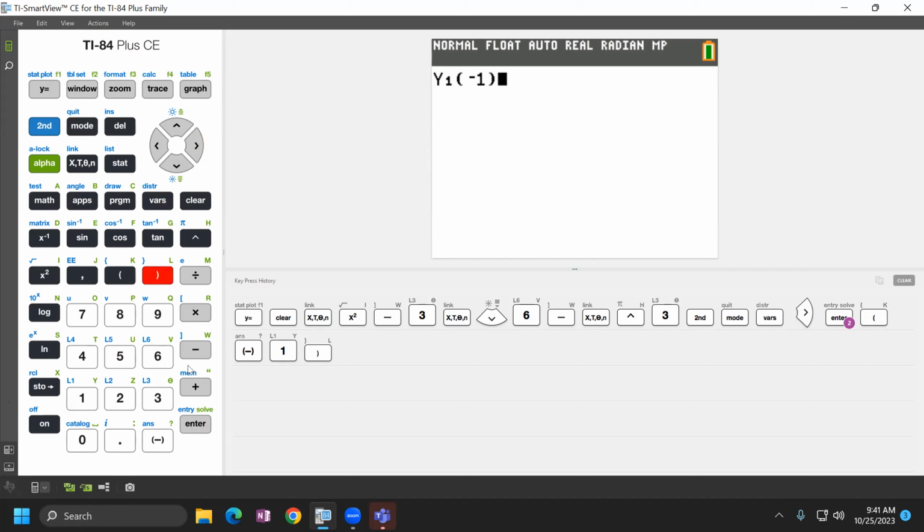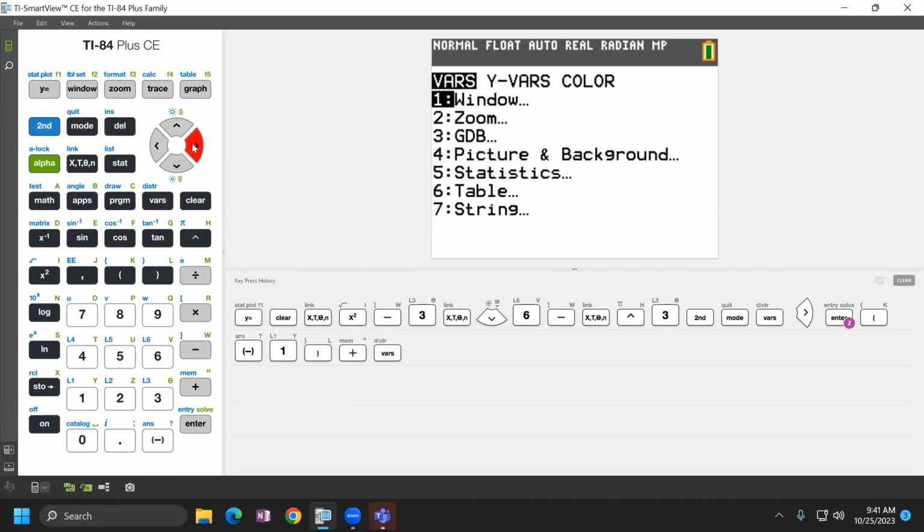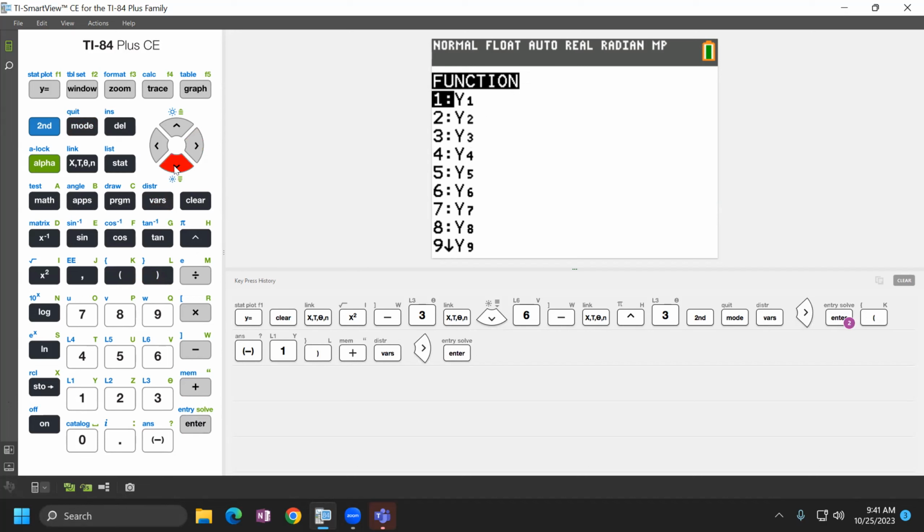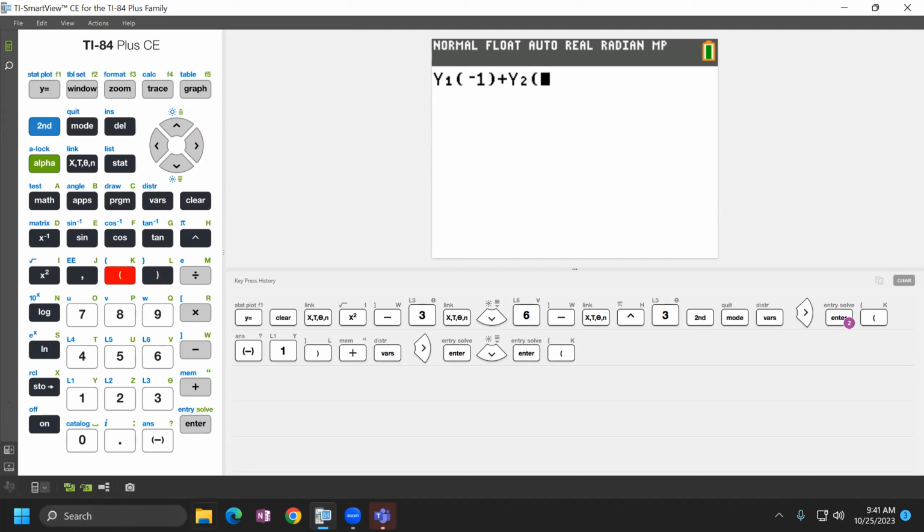So that will evaluate the function f at -1, whatever that's going to equal. And then I'm going to add to it y2 evaluated also at -1. That's going to give me the sum function. And we get 11. So f plus g at -1 is the number 11.